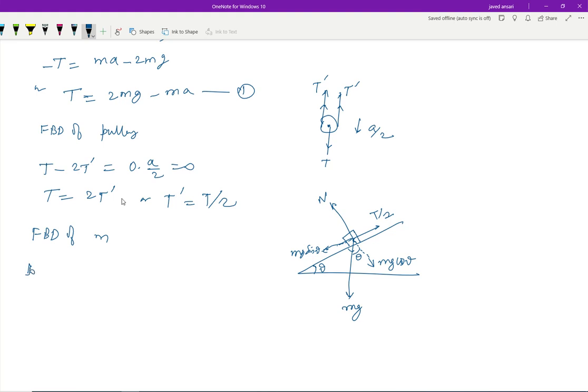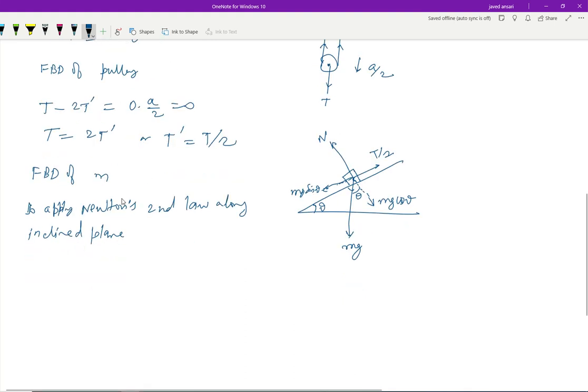So apply Newton's second law along inclined plane. If you apply Newton's second law, what we found is acceleration of this is a, right?